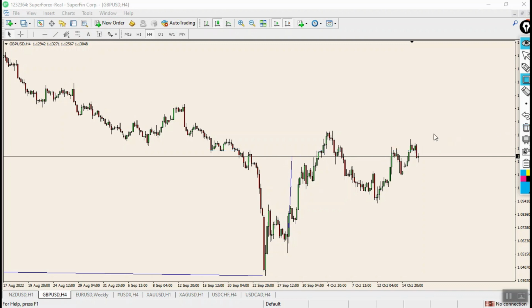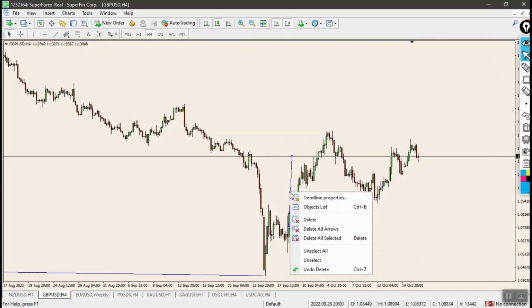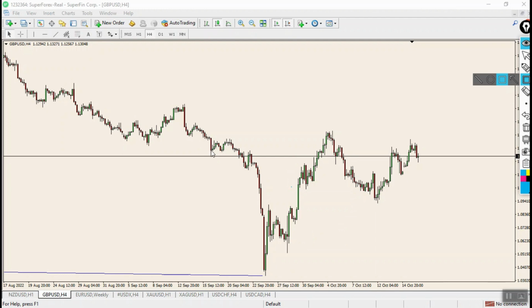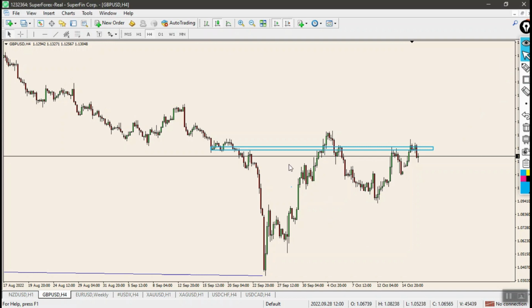But here's another interesting thing that I need to show you. At the zone that we identified previously, the market has decided to do some sort of an arching double top. The market moved impulsively to the zone, came back, and moved correctively back to the zone at hand.